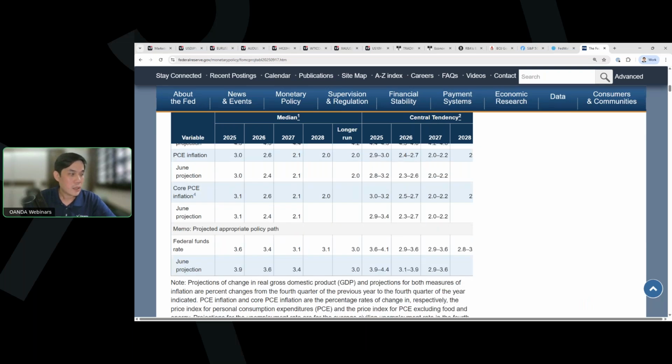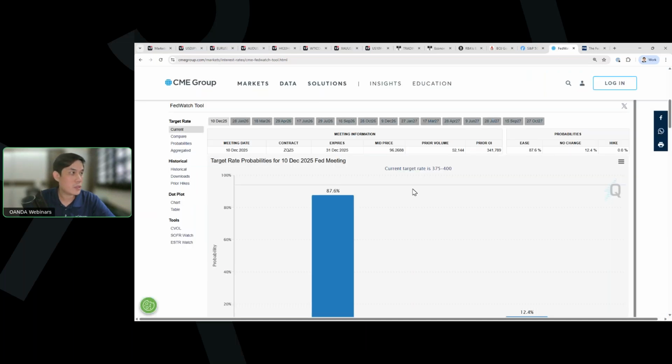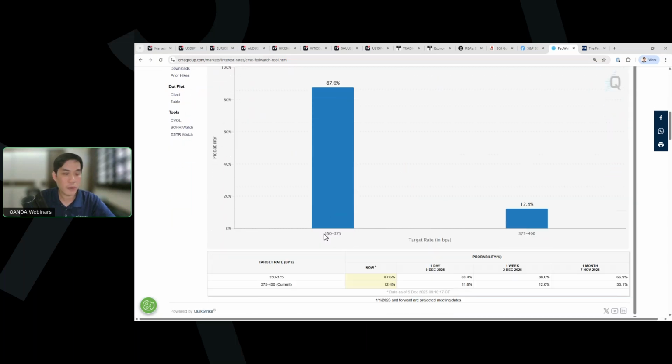And also the next thing to look at will be the absolute level of the Fed funds rate by the end of 2026, by the end of 2027, by the end of 2028, and the long run. All right. So previously the long run was no change at 3% over here. So comparatively, if you look at the current Fed funds rate right now, which is at 3.75%, market participants are expecting a cut down lower to 3.5%.